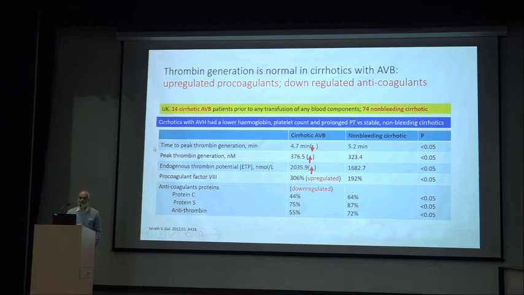But time to peak thrombin generation was actually lower in cirrhotic acute variceal bleed as compared to non-bleeding cirrhotics. Peak thrombin generation was higher. Endogenous thrombin potential was also higher. So that means that there is no deficiency in thrombin generation and coagulation mechanism. Procoagulant factors are upregulated and anticoagulant proteins are downregulated, including protein C, S and antithrombin.